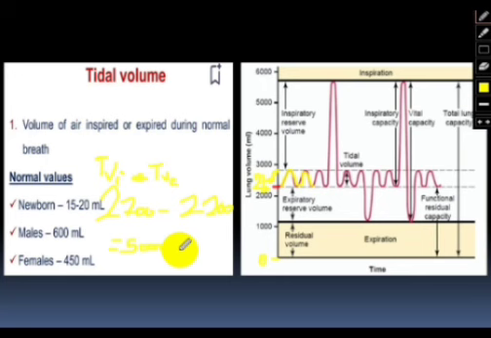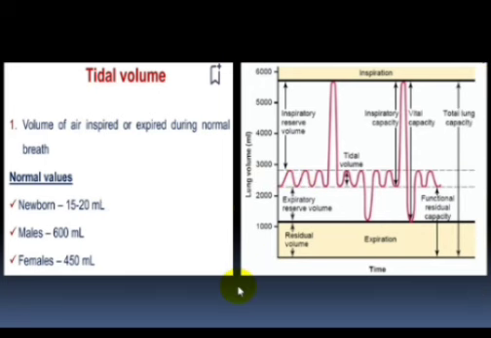Newborn babies will have a tidal volume of 15 to 20 mils. Males normally have tidal volumes that are slightly higher than that of females. It's 600 mils for males, and females fall within the range of 450 mils. I hope that is taken.